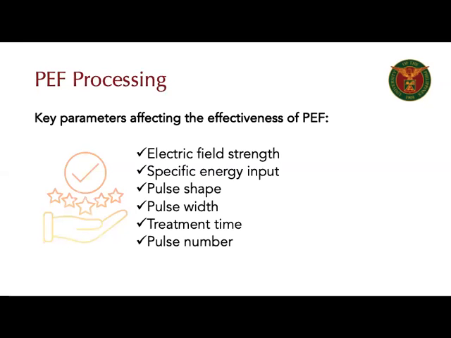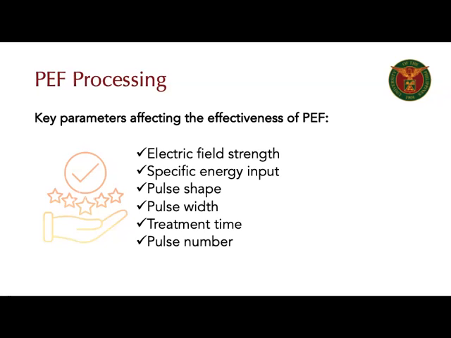As mentioned, there are certain levels at which PEF processing can cause significant change in the material being studied. The effectiveness of PEF when applied to a material is affected by several key factors or parameters, and I have listed some of them here. The first one is electric field strength. We can adjust this by changing the distance between the two electrodes that we use during processing. Then we have the specific energy input, which you can also manipulate.